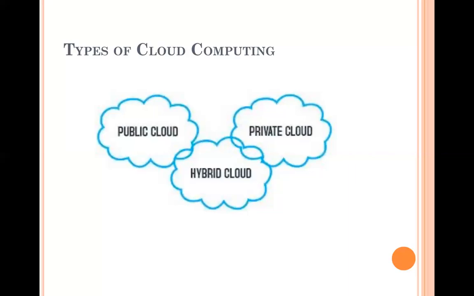Any kind of user can access Google Drive and can create an account on Gmail. Google Play Store is there, through which we can download any kind of app which we want. So this is an example of public cloud. It is available to all types of users and it is open to all.